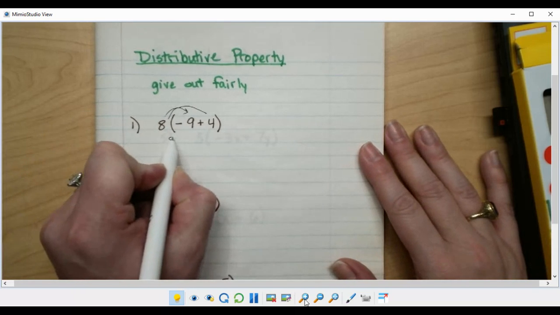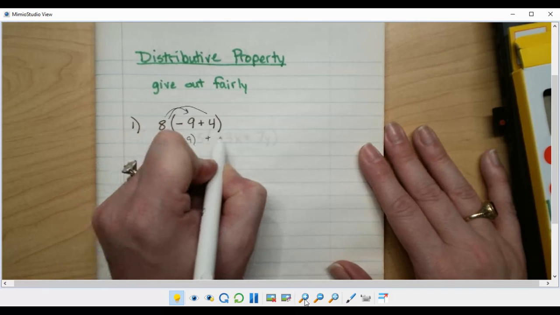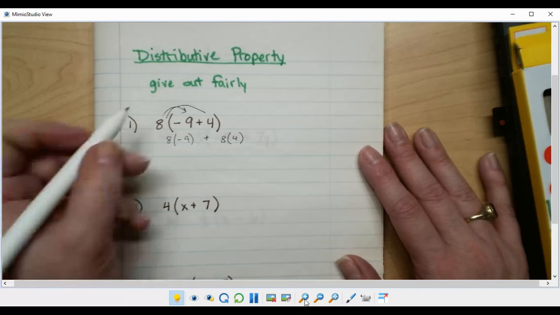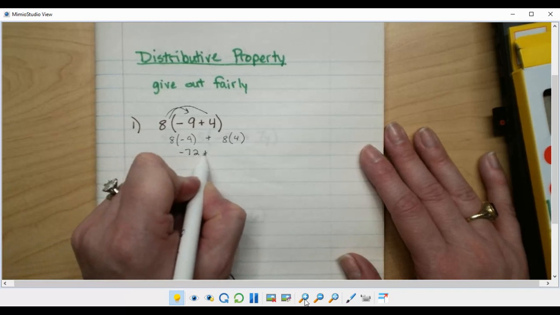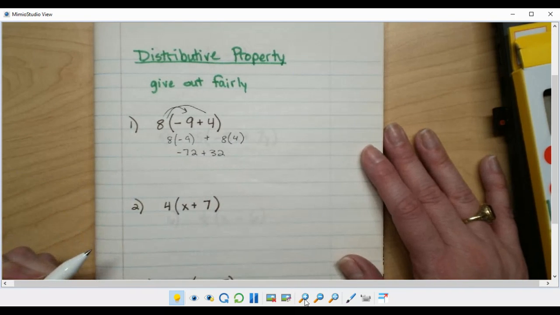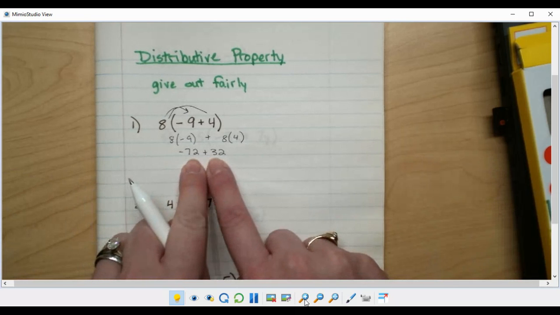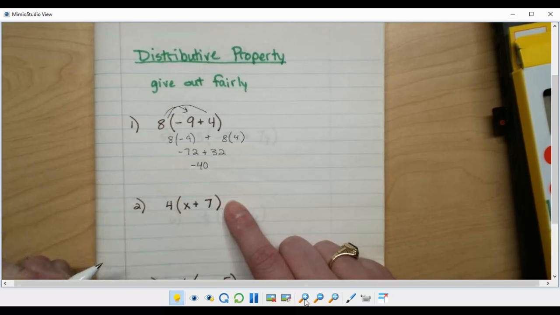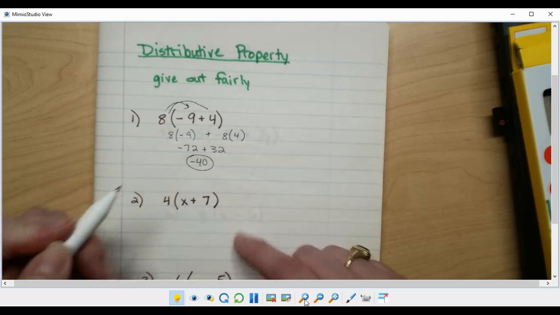So this turns into 8 times negative 9 plus 8 times 4. After a while, you start doing these in your head, and you end up with negative 72 plus 32. And if you remember, these are different signs, so we're going to subtract them. 72 minus 32 is 40. That pile was bigger, so my answer is negative 40.